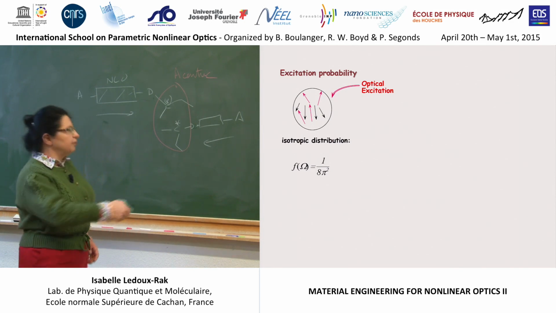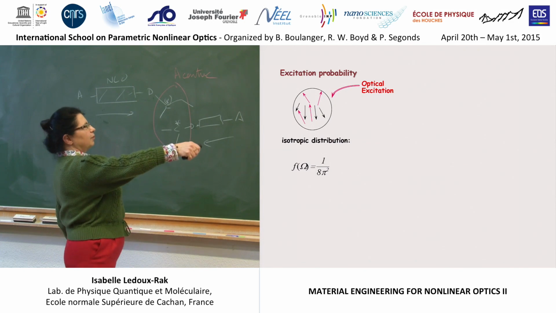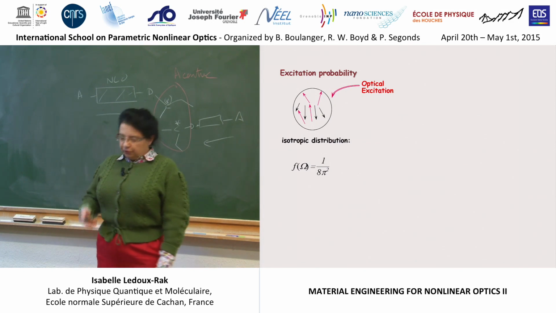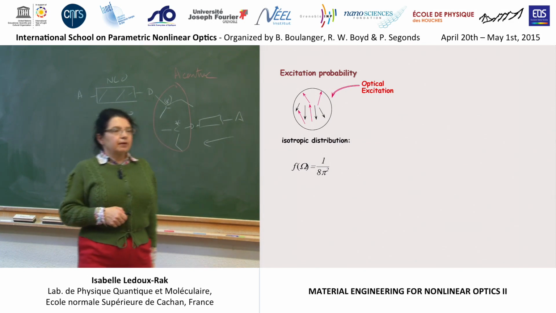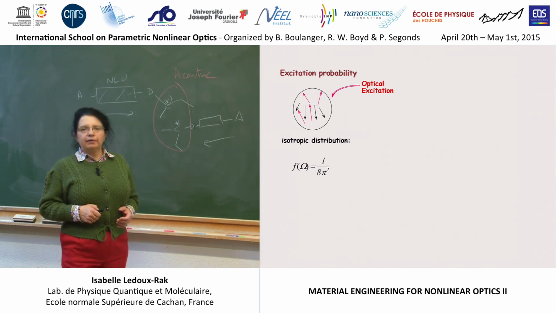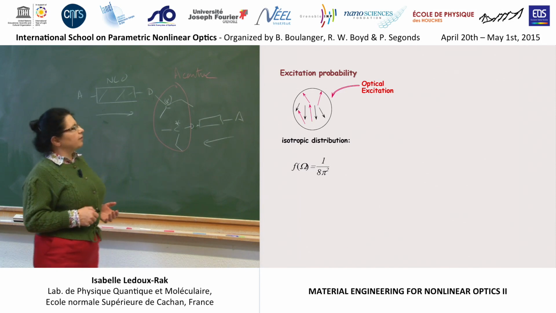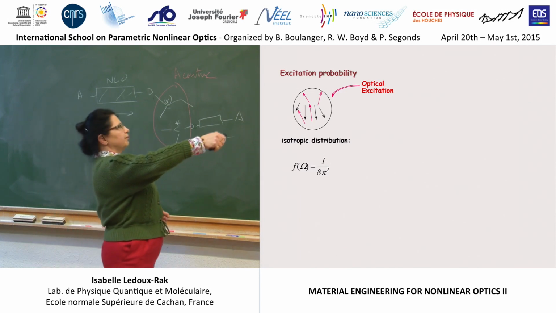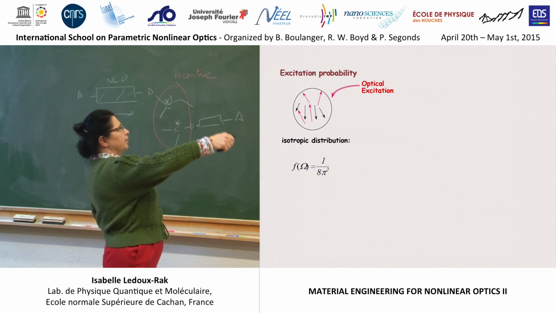So let's start with a mixture of photoisomerizable molecules. And the point will be to find a way, by optical means, by using proper photonic polarization, to excite preferentially molecules oriented towards a given direction.